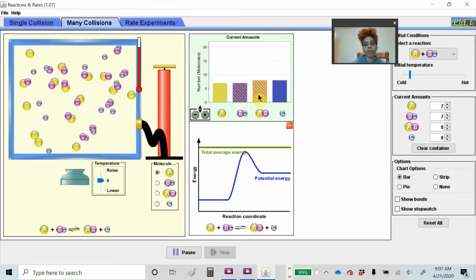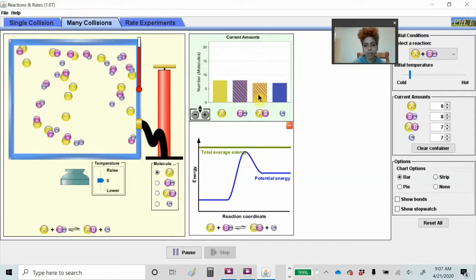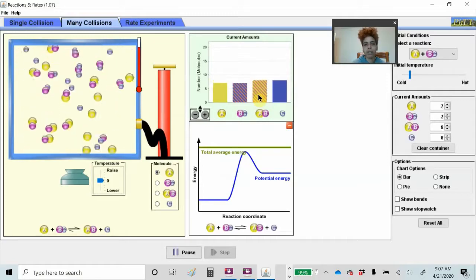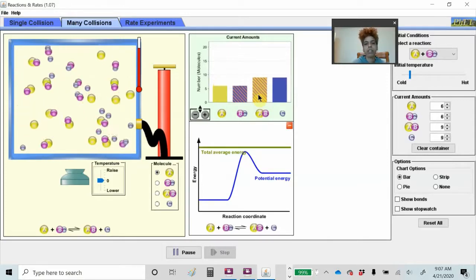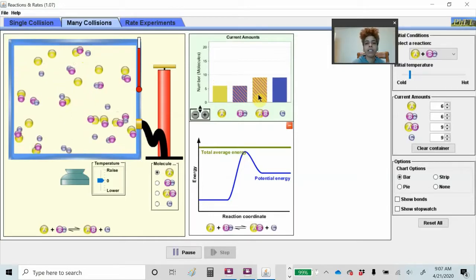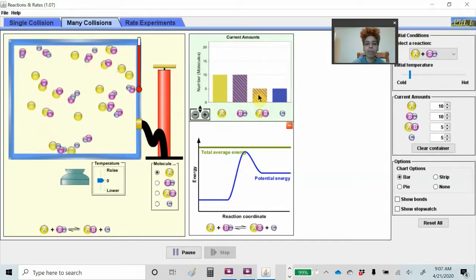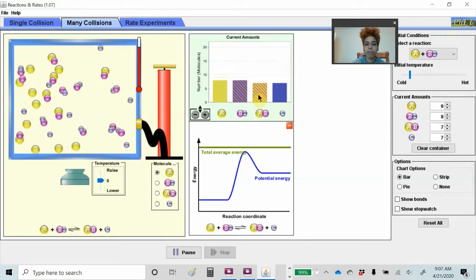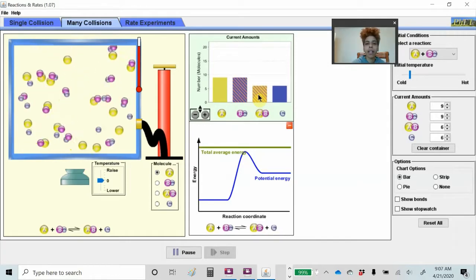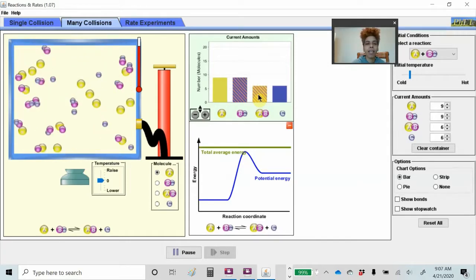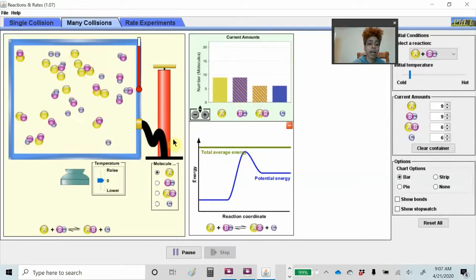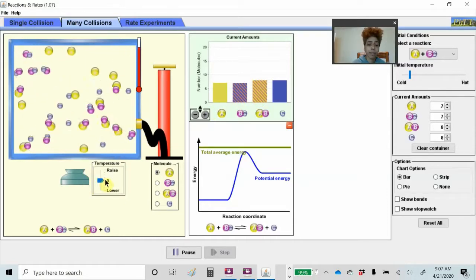Right there, right there, right there. When those concentrations remain constant for a moment, we hit equilibrium. And so notice that I can form reactants and form products at the same time. We're going to come back to that.